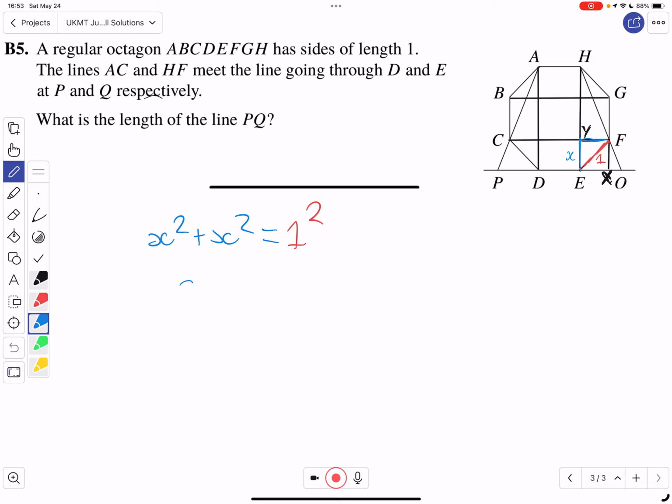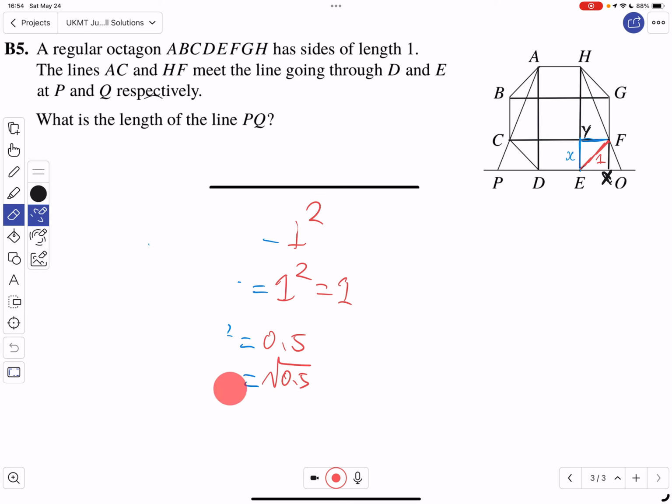Now I have 2x squared is equal to 1 squared, so x squared is 0.5. Now we just take the square root, no negatives here because we're dealing with distance. We get x is the square root of 0.5.